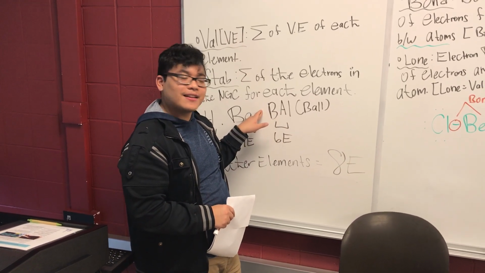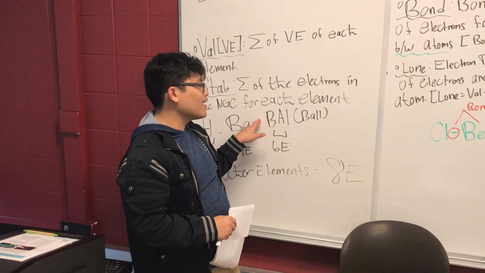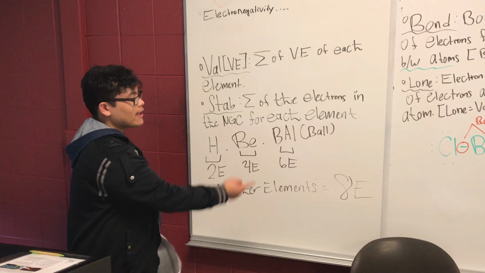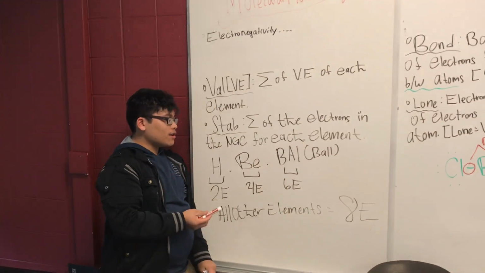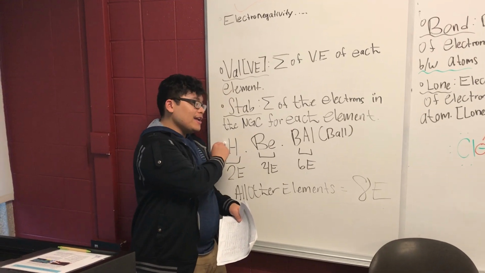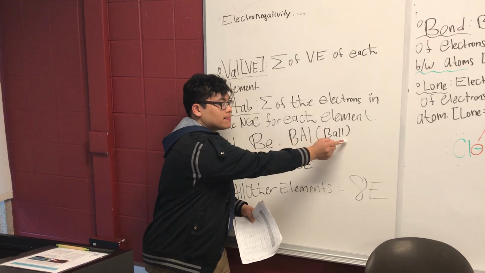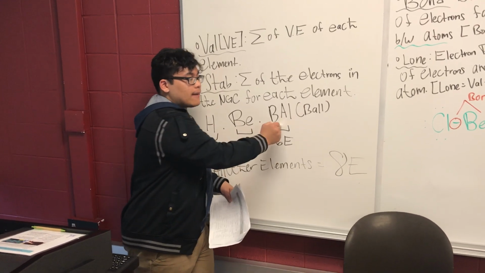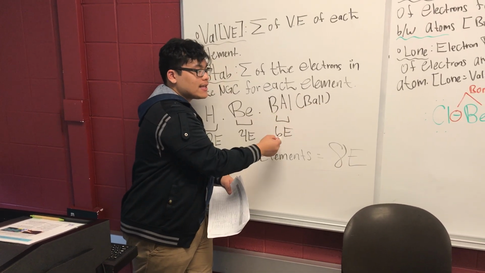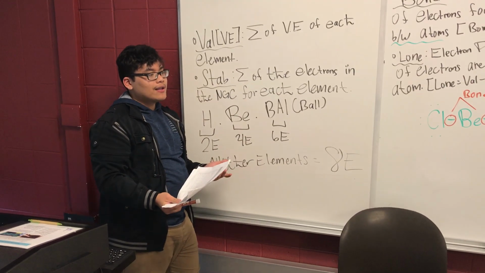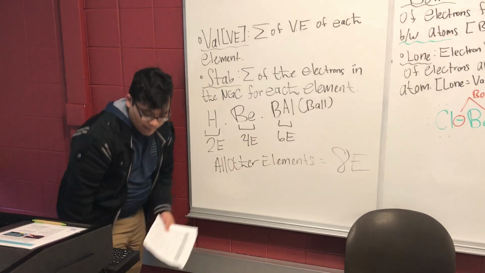You guys just check the periodic table. B just by itself is boron. So basically, the way I memorize these 4 is the term HB ball, pronounced ball. H for 2, Be for 4, and B and aluminum, ball, is 6. Everything else is 8 electrons. So that's just a way to memorize this.